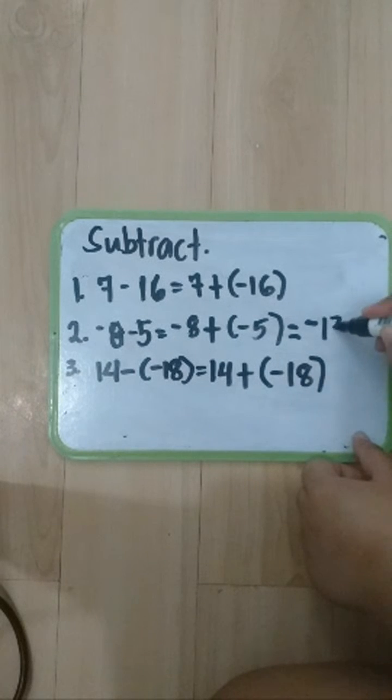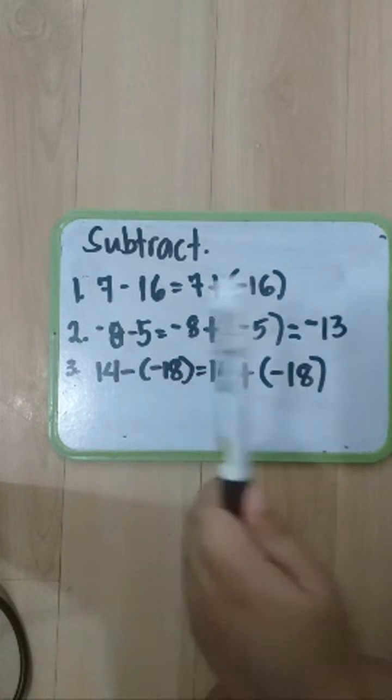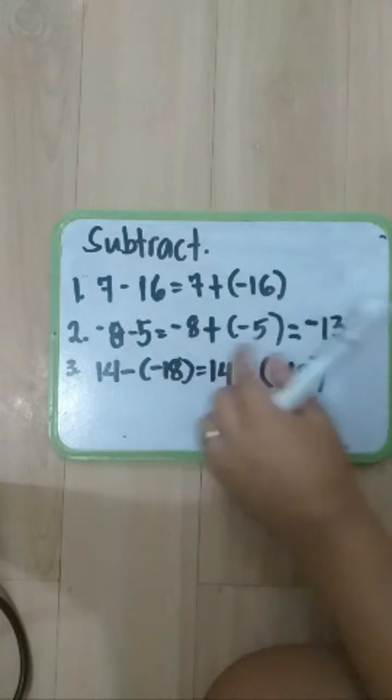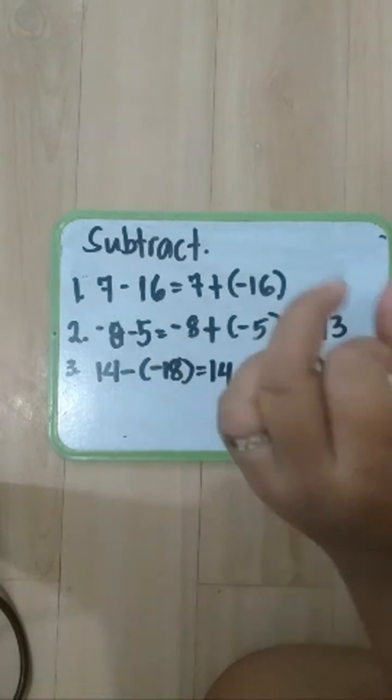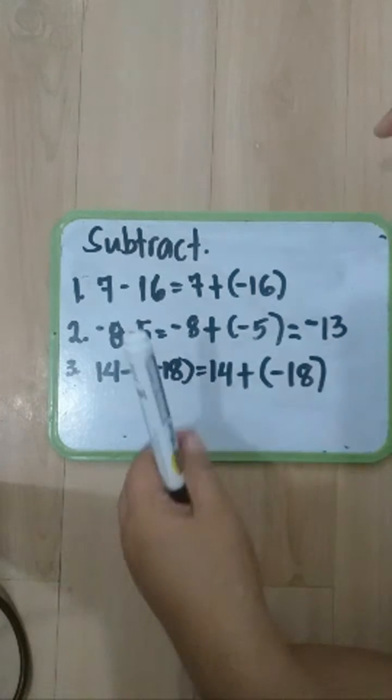So, negative 13. Tandaan, kapag same sign, kung halimbawa same silang negative, ang sagot ay negative. Kapag same na positive, ang sagot ay positive. And then you have to add the absolute value.